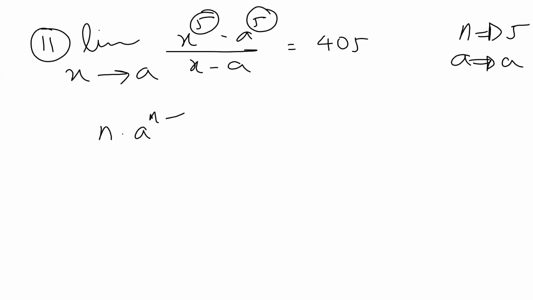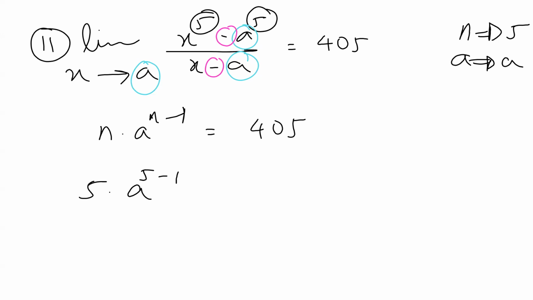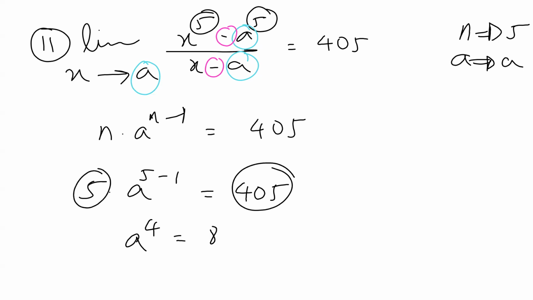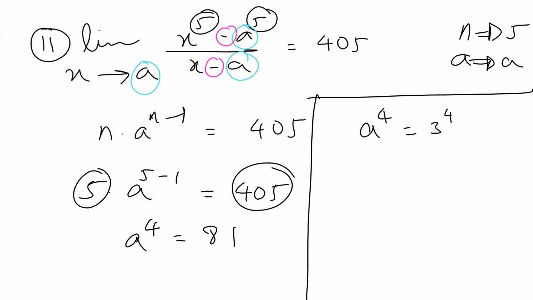So n into a raised to n minus 1 equals 405. We have the same minus sign in between, powers in the numerator, no powers in the denominator. We can apply the formula. So 5 into a raised to 5 minus 1 equal to 405. So a raised to 4 is equal to 405 upon 5. That is 81. So this is 3 raised to 4.